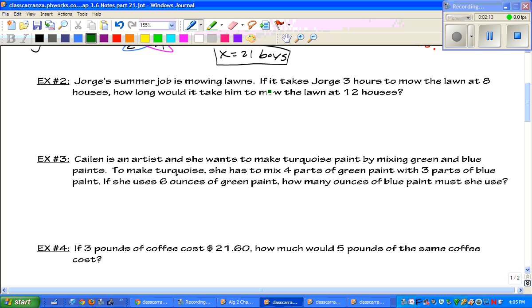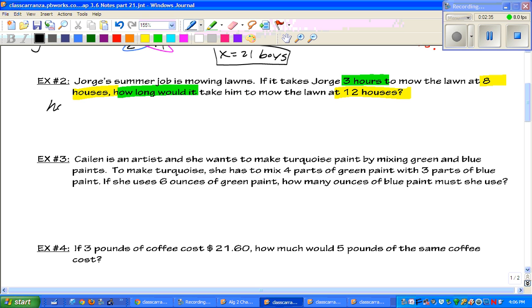George's summer job is mowing lawns. It takes George 3 hours to mow 8 houses. How long would it take him to mow 12 houses? They're asking how long. That's time.